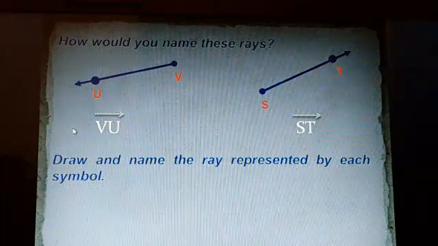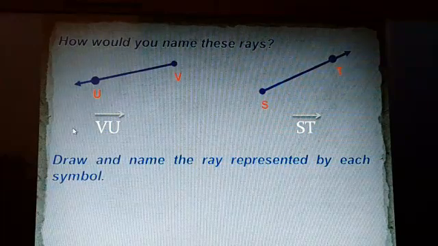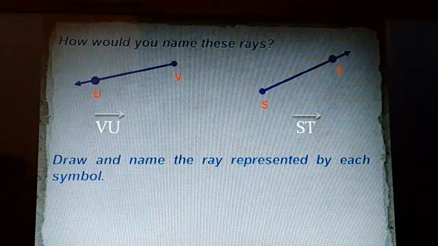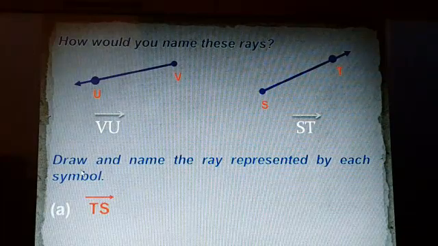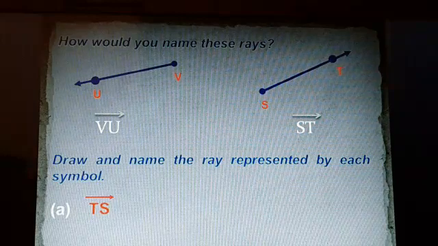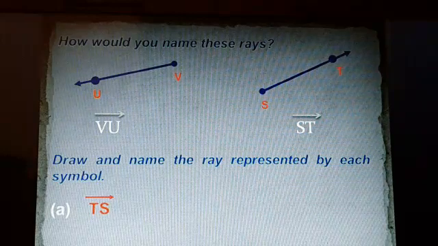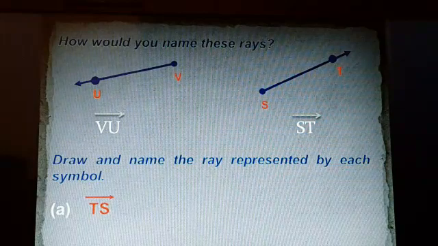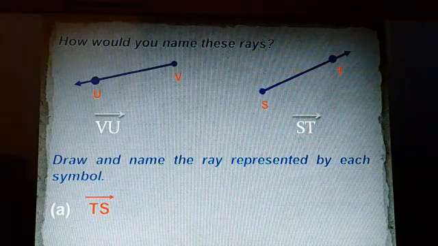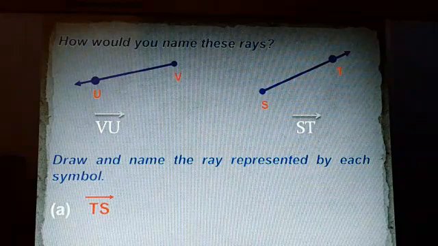Now, draw and name the ray represented by each symbol. More practice. Wow, I want to do it. Okay, we have to make a ray that is TS. Just ask yourself what we have to do. We have to draw what? A ray.